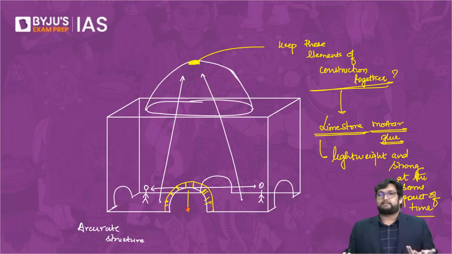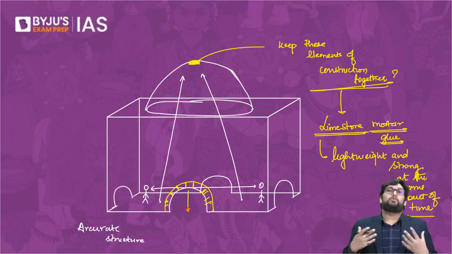In this period, yes. What is the difference between true dome and accurate dome? It's called a true dome because if the scientific measurements of the dome are correct, it's called a true dome. You can also make a dome, but you will not make a proper dome. Arcuate is a type of structure.